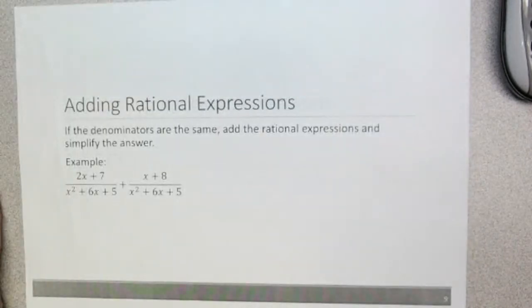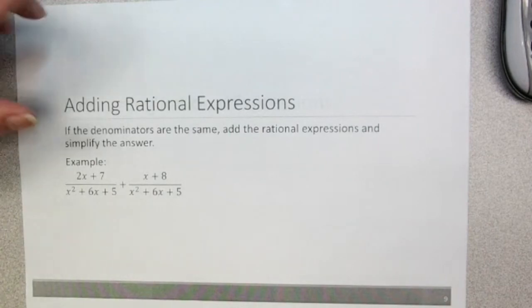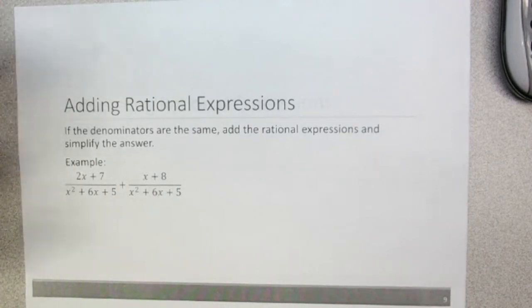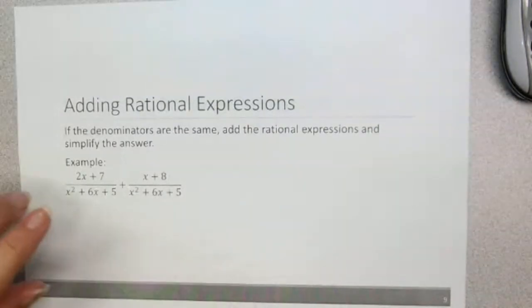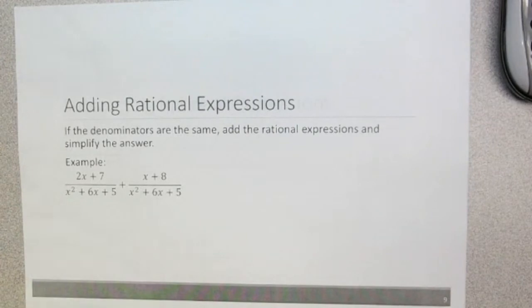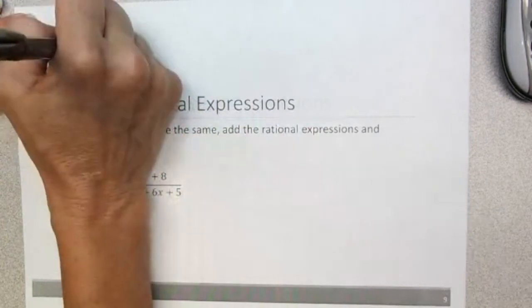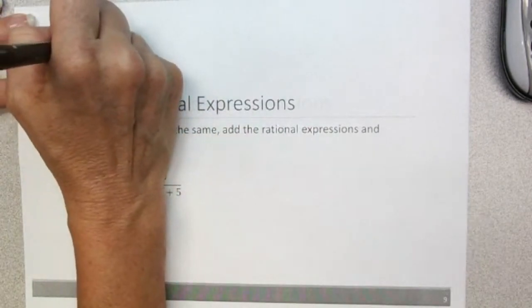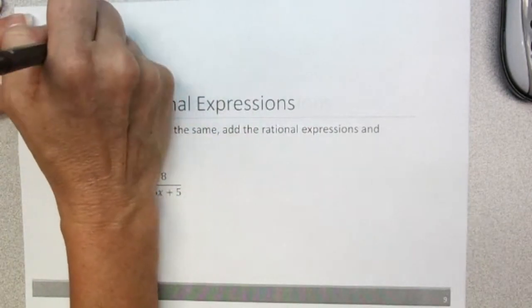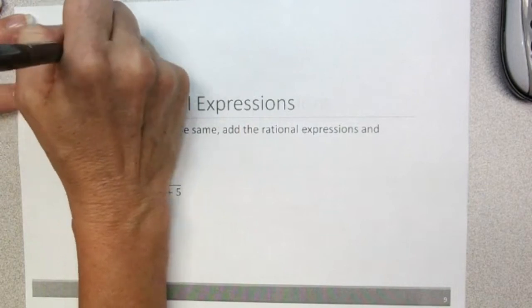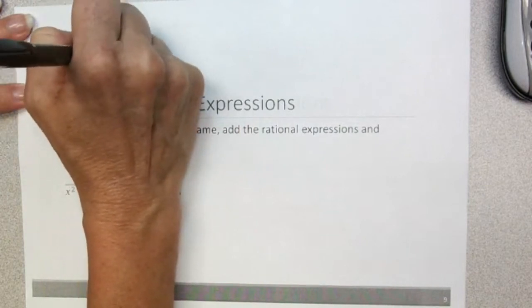All right, when we add rational expressions, we have to establish a common denominator first, right? So if we wanted to add, say, 1/2 and 3/4.